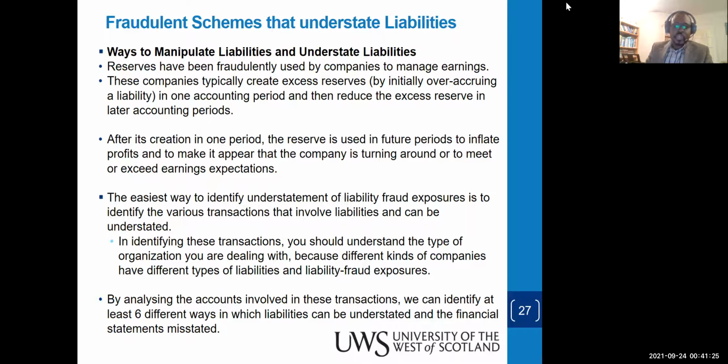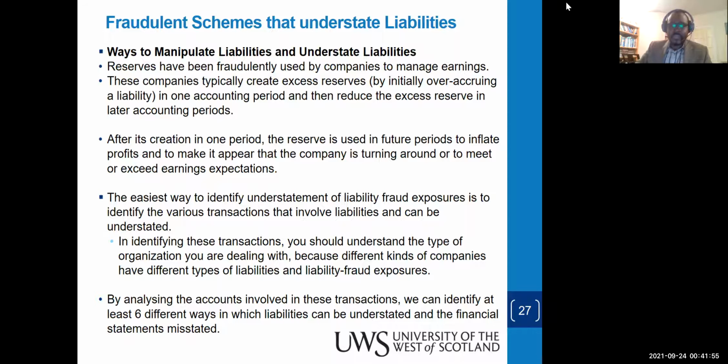Usually you will see management trying to manipulate earnings. What they do is fraudulently increase reserves in their balance sheets, or in their statement of financial position, in one period, and then in subsequent periods they release it. Reserves have credit balances, so they will overprice and increase whatever reserve it is.